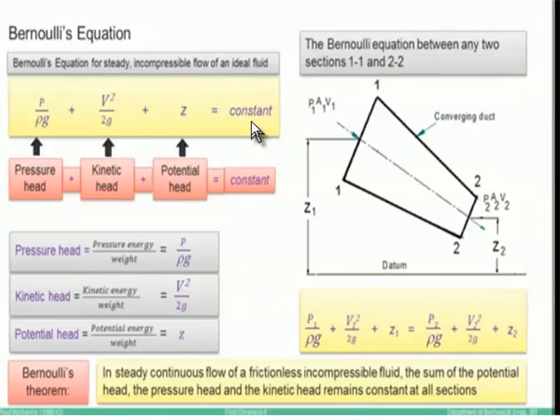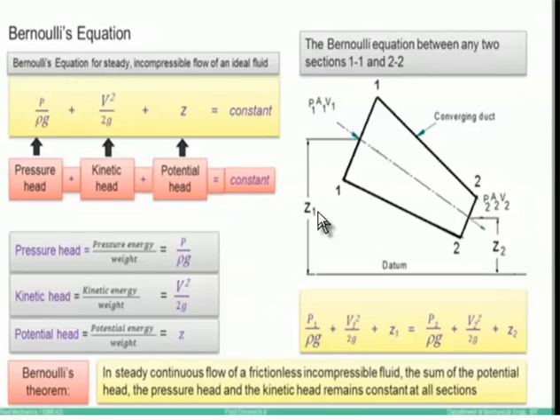Now consider Bernoulli's equation between any two sections. Here this is section 1 and this is section 2. At the entry of section 1 we use the parameters P1, A1 and V1, which are the pressure, area and velocity at section 1. Similarly, we have pressure, area and velocity at section 2.